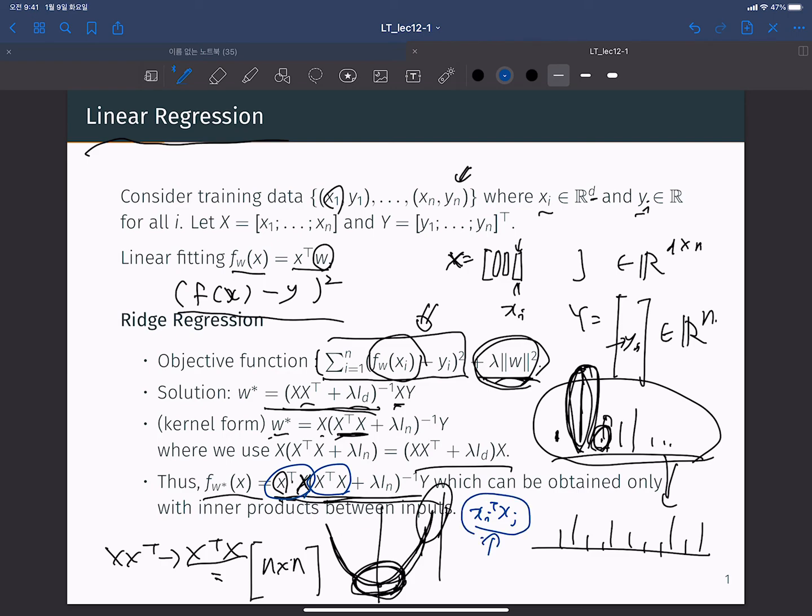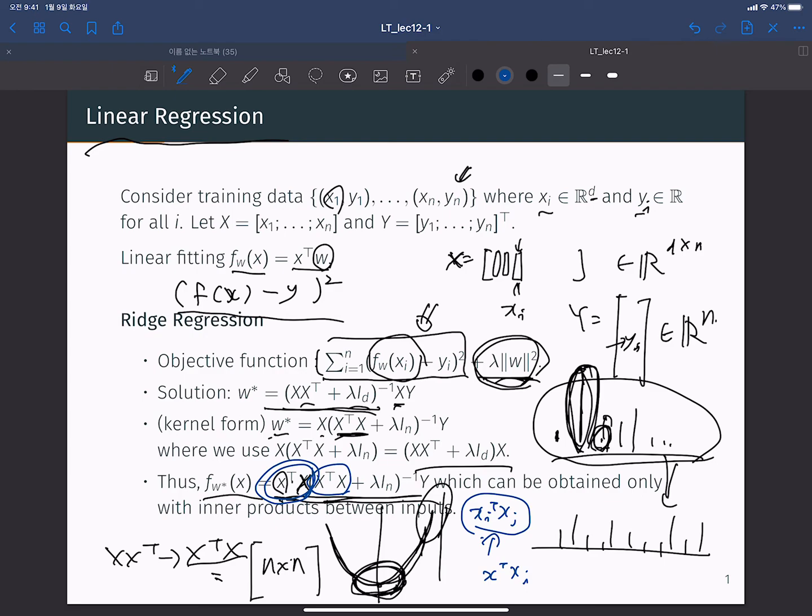We just need to know the inner product between every pair. Even for this part, we just need to know the inner product between the new input and the existing inputs.